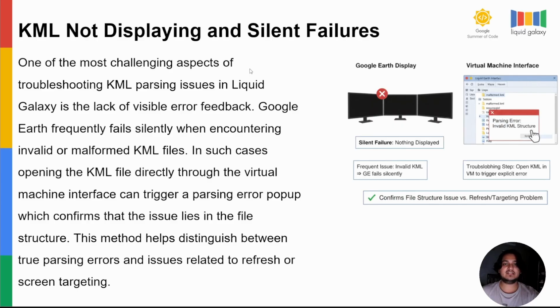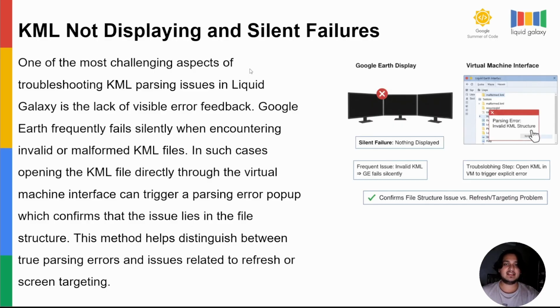In other words, this step allows us to distinguish between two very different categories of problems. First category is true parsing errors, where the KML file is syntactically or structurally invalid. Second category is system-level issues, such as refresh displays, caching, or wrong slave targeting.